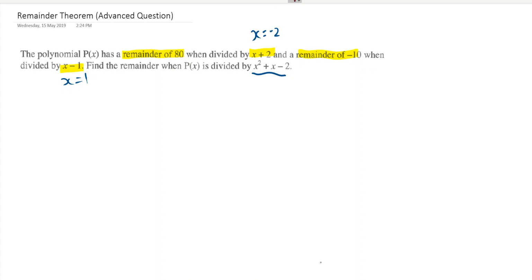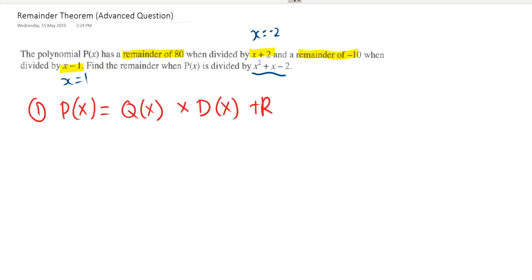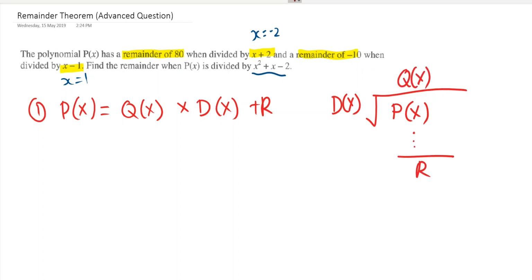Now before we start the question proper, let me talk to you about two concepts that many students fail to either understand, fail to get exposed to, or fail to remember. The first concept is your function is always equal to your quotient times your divisor plus remainder. What do I mean by that? If you do a long division, this is your function, you divide by a certain divisor, you will have a quotient on top and you will have a remainder behind.